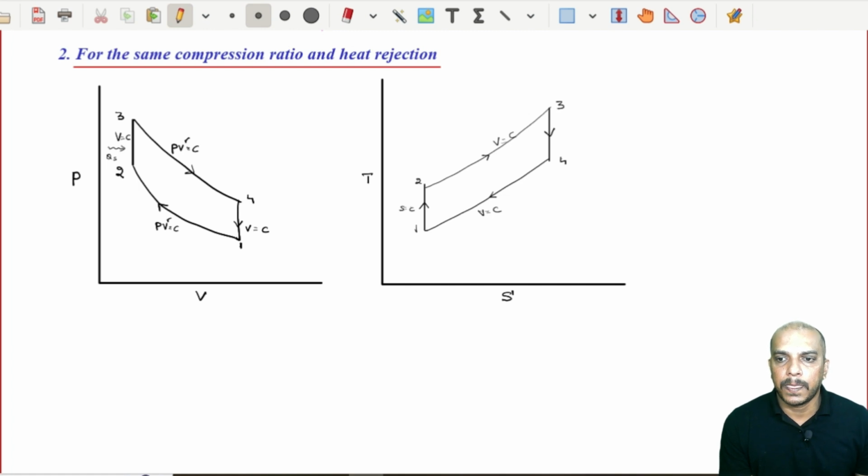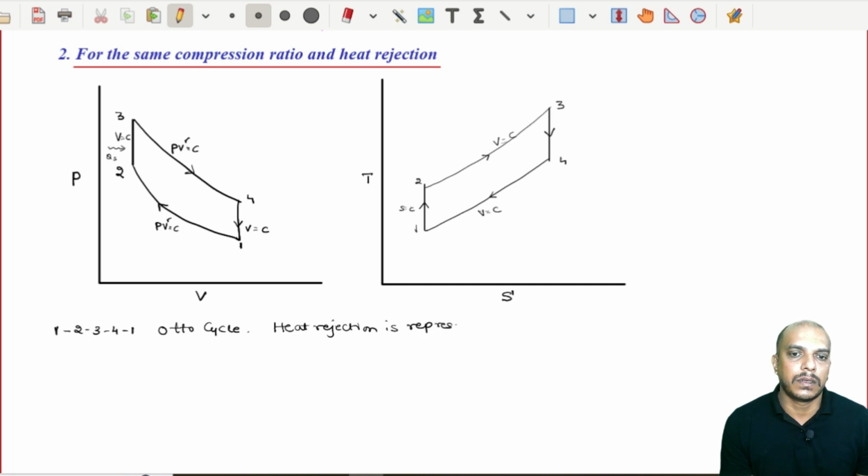Now, let us write 1, 2, 3, 4, 1 is representing Otto cycle. And since we are talking about heat rejection, it is represented by 4 to 1 and this is common for all.